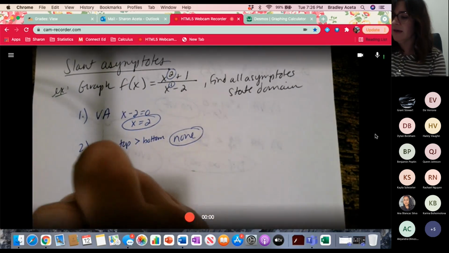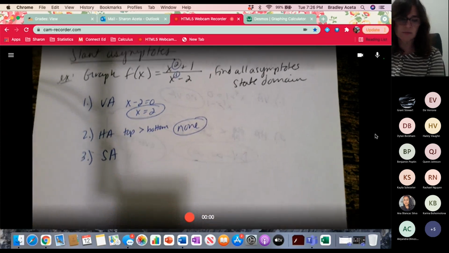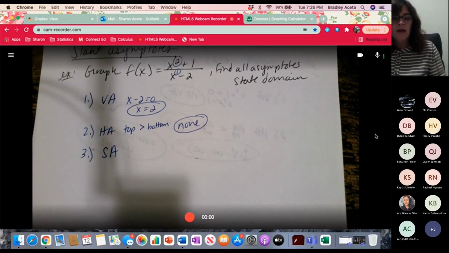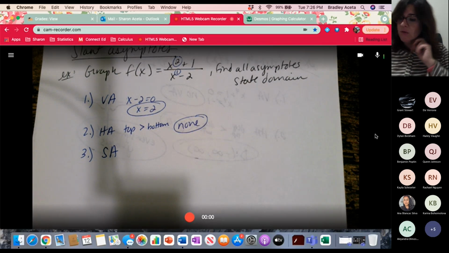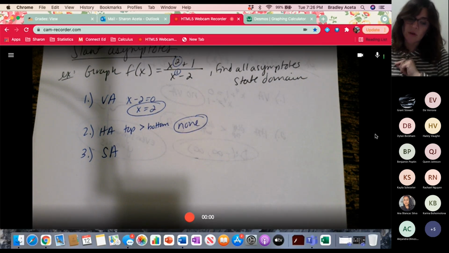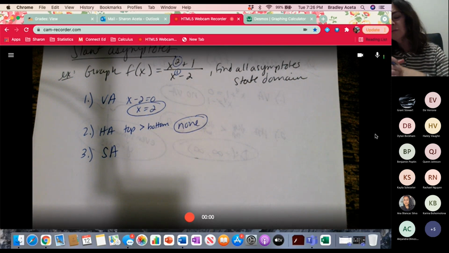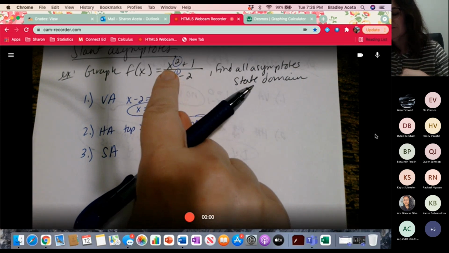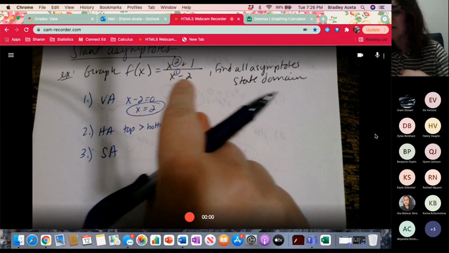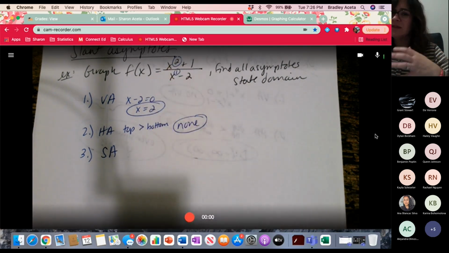So yes, we have a slant asymptote. How do we find that slant asymptote? We have to do long division. You could probably do synthetic division, but sometimes this might be x cubed over x squared, and you wouldn't be able to do synthetic on that. So get into a habit of doing long division now.